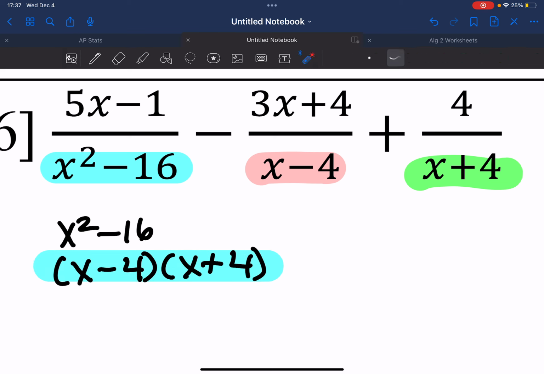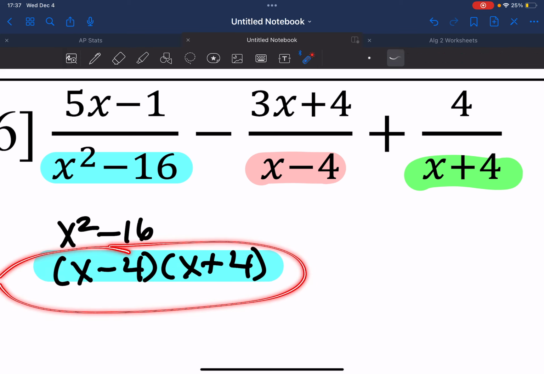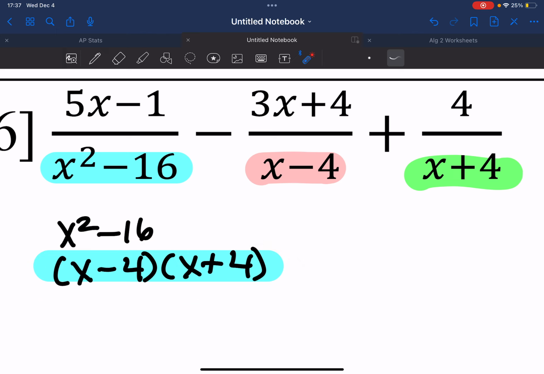Which means that my denominator should all look like this. But notice that this denominator and the denominator of the third fraction are both missing something. The second fraction is missing x plus 4.